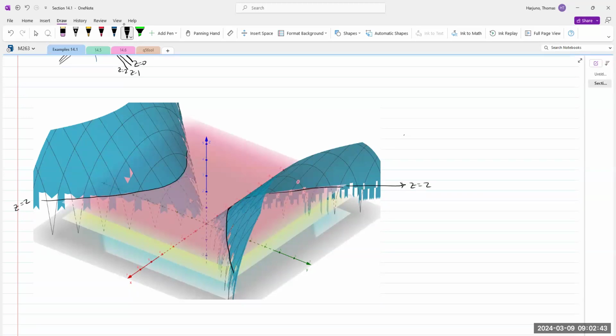And then if we go down, this is the level curve c equals 1. Sorry, that's not there. I think it's somewhere around here. Oh yeah, that's right. That's the level curve c equals 1, and also the one here.